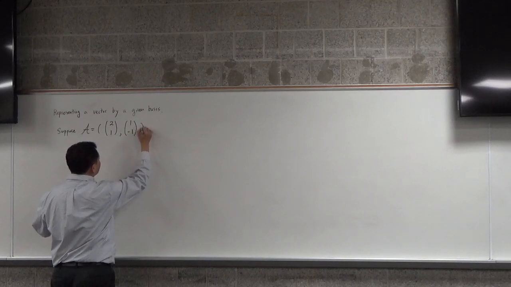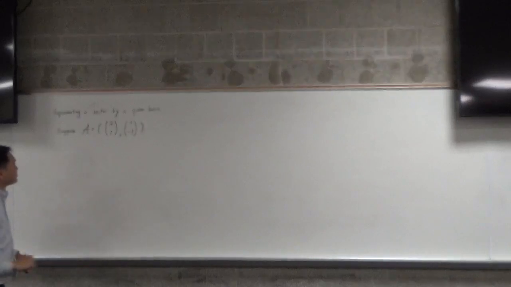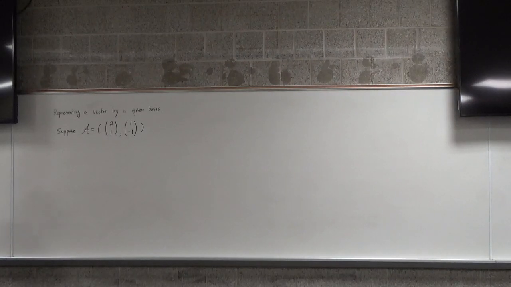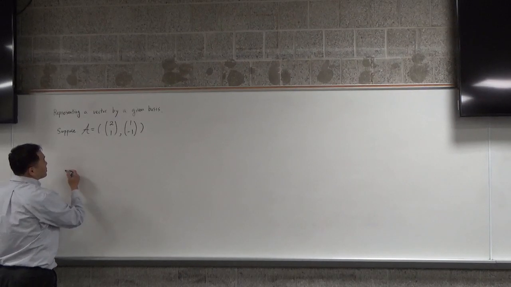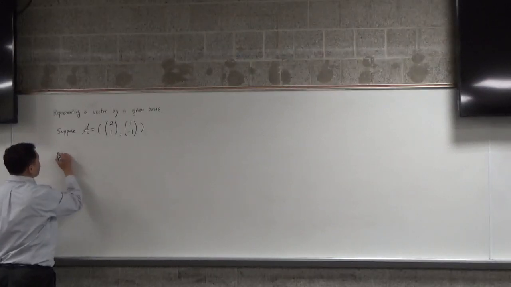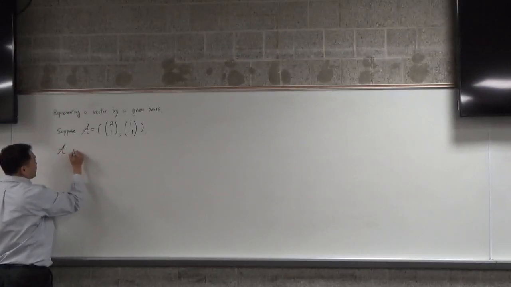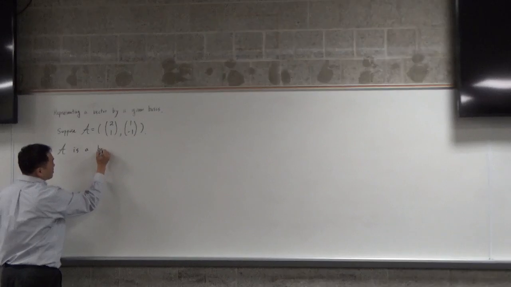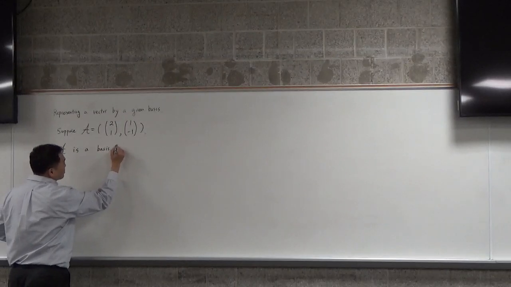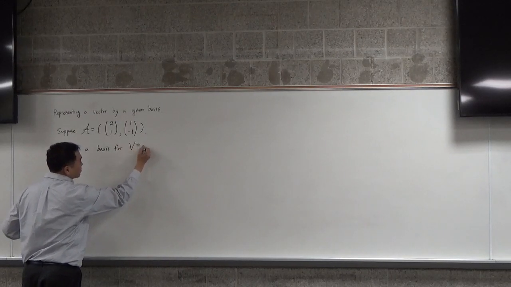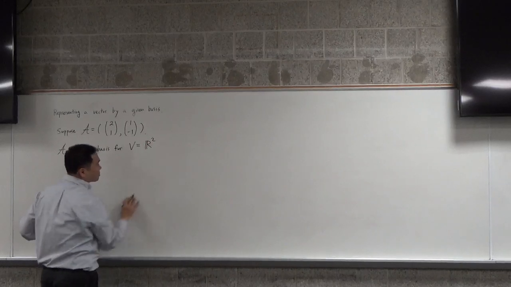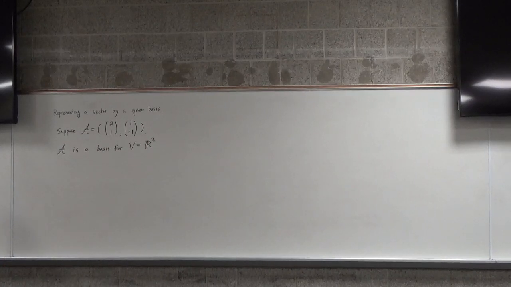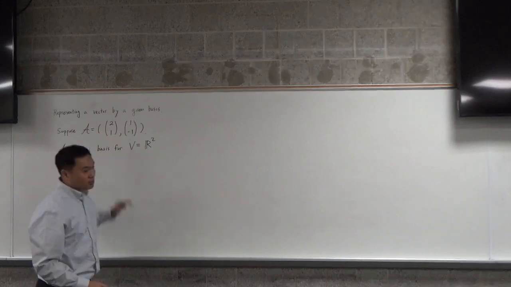That's easy. Let's do that. Now, one can show that A is a basis for the vector space R2. Okay. So we're thinking of the usual plane as the vector space, and this is the vector space for R2.